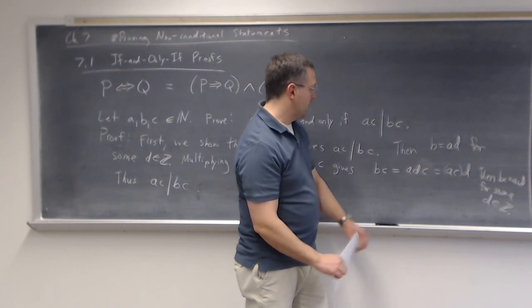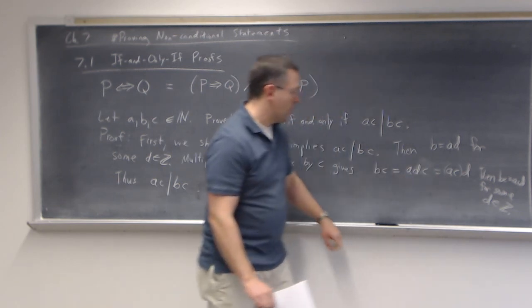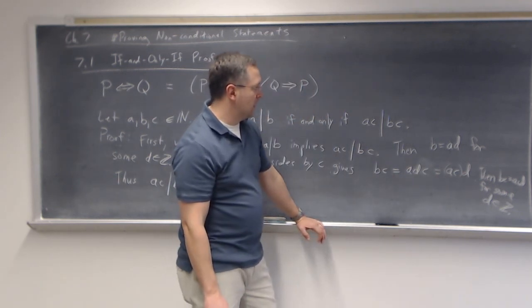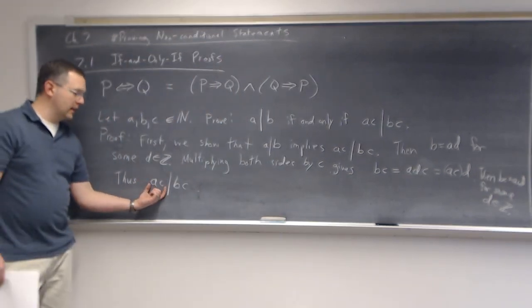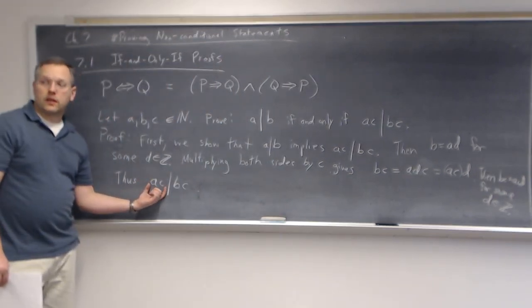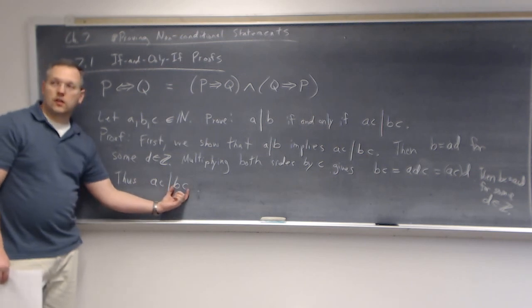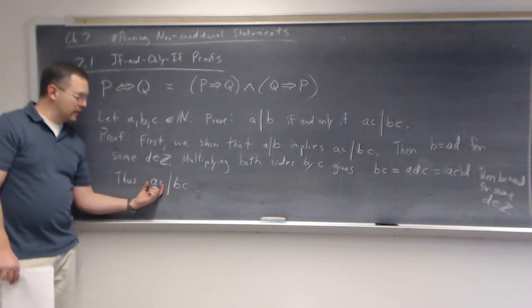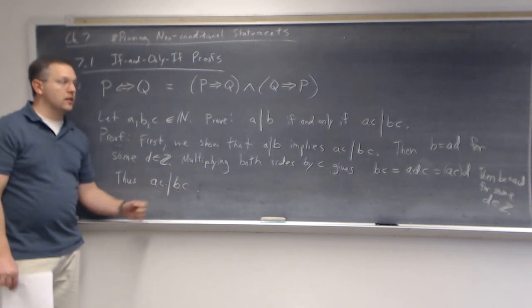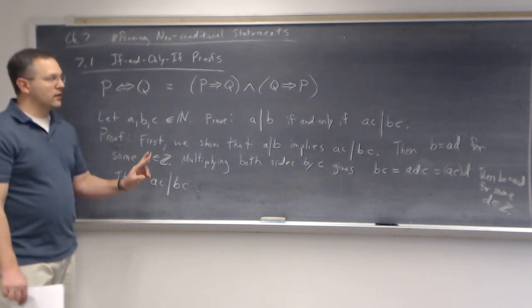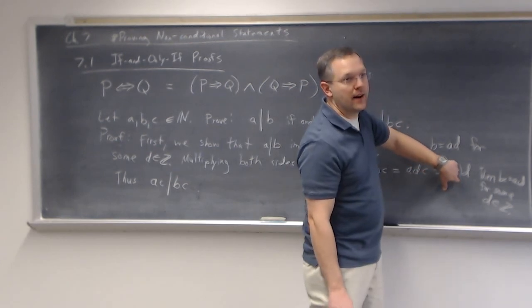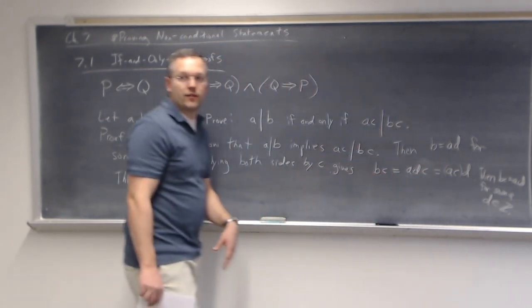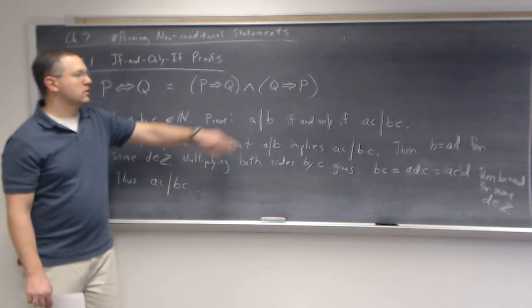BC equals ACD. This is an integer. This integer divides this integer. Okay, I got it now. It means that this times another integer equals BC. Okay. I think you guys are using the fact that we're talking about two letters dividing two letters, which looks a little different than just this.